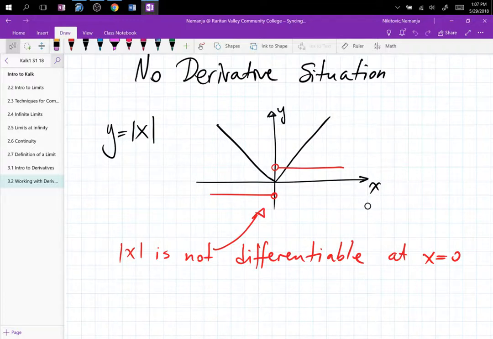So, is there a derivative for absolute x? Yeah, you see the red lines. That's the derivative. However, it's not differentiable at 0. So 1 point is an issue. We're not going to let 1 point ruin it for everything else, right? So what is the derivative of absolute x?